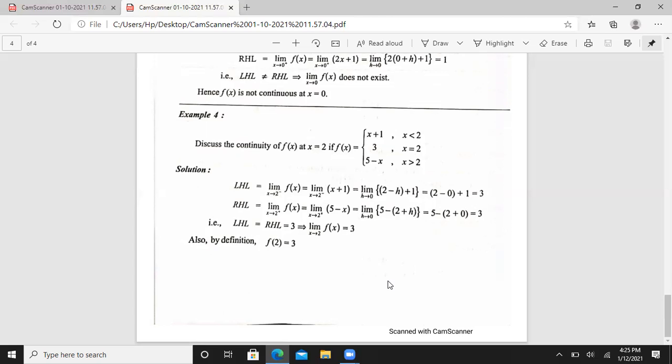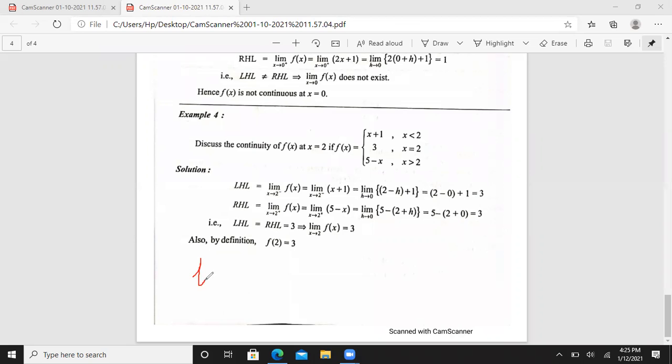You see this one. After that, finally you write here: also by definition, f of 2 is equal to 3. The next condition is that the limit as x tends to 2 of f of x is equal to f of 2.